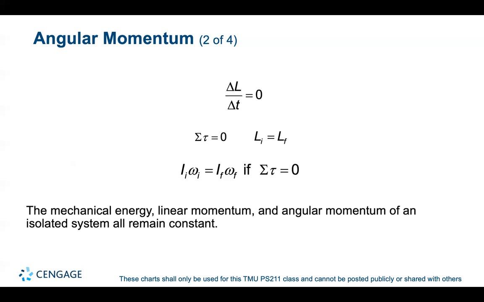We now have a third conservation law to add to our list, conservation of angular momentum. We can now state that the mechanical energy, linear momentum, and angular momentum of an isolated system all remain constant.